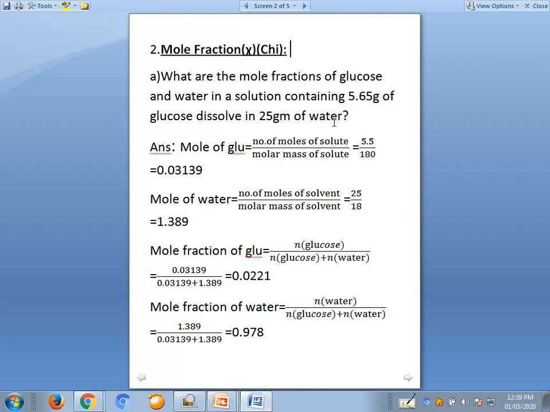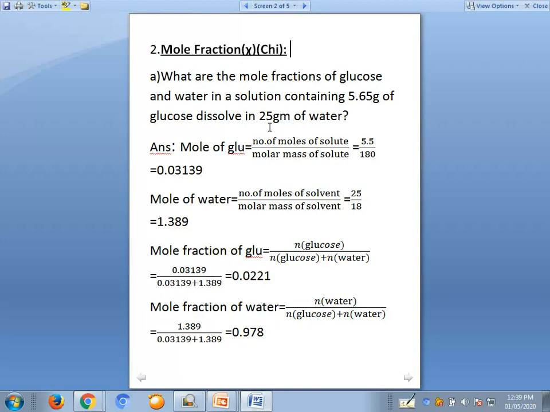Please, students, read the question clearly. You have to calculate the mole fraction of glucose as well as water, in which the glucose present is 5.65 gram and the water present is 25 gram.